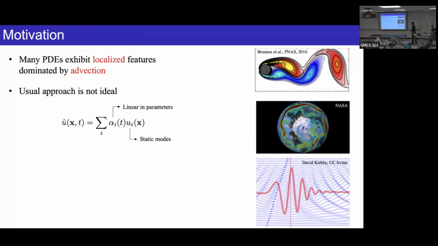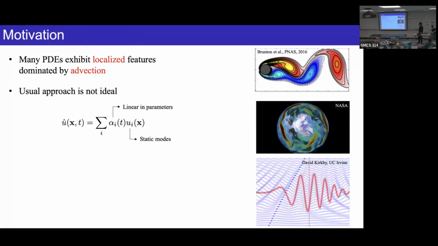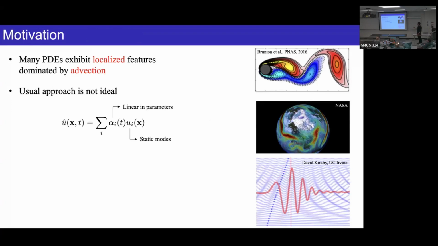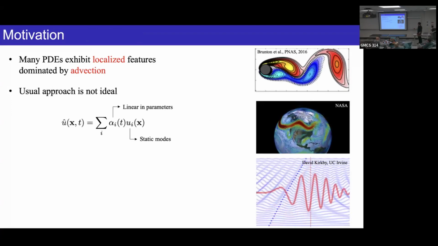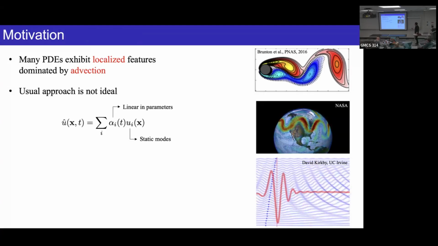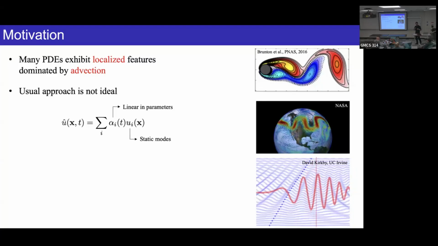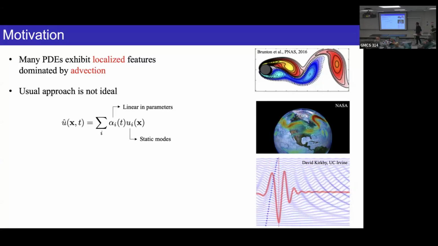However, in a lot of PDEs, that's not desirable. The reason is that if you're looking at fluid flow past a cylinder or atmospheric flow on the globe, there are a lot of localized structures that get advected over time. They move around, they change shape, their length scales change at the same time.